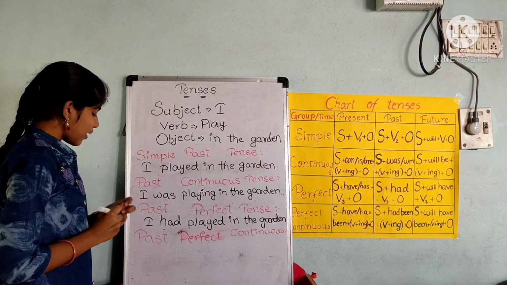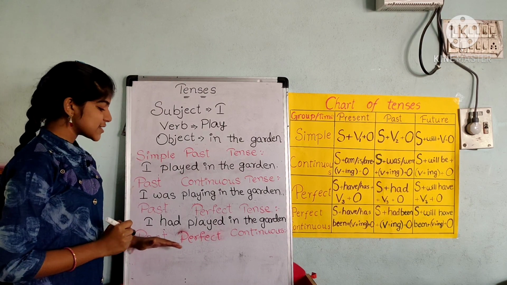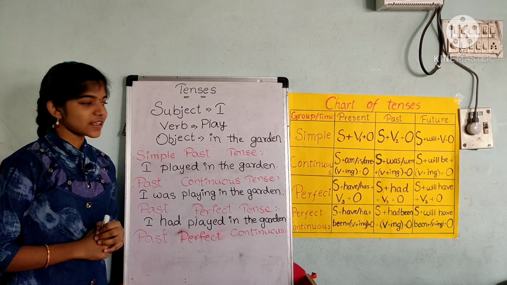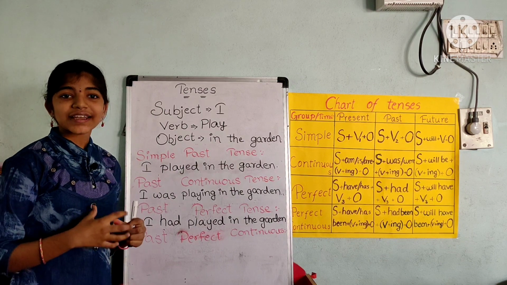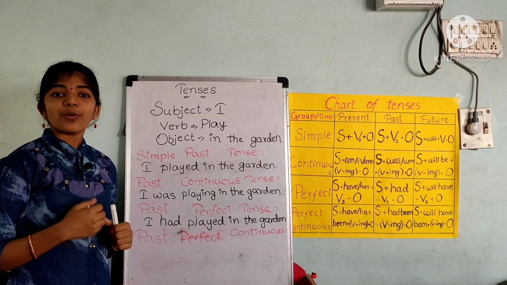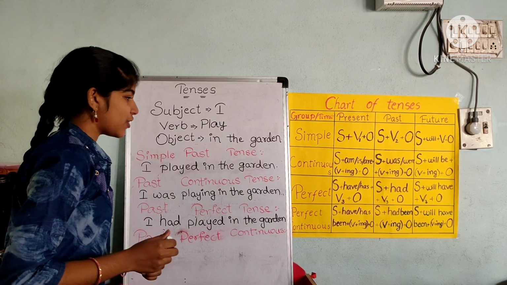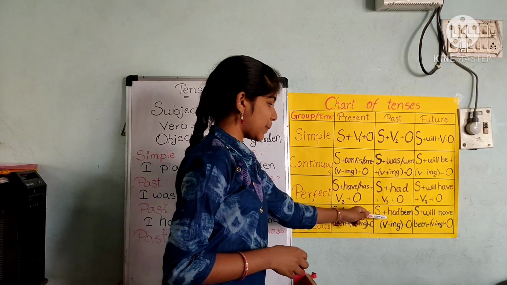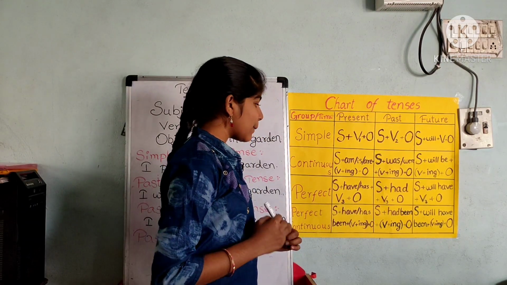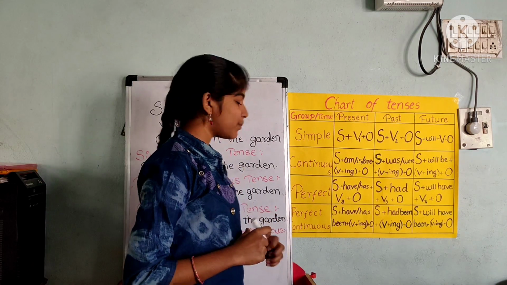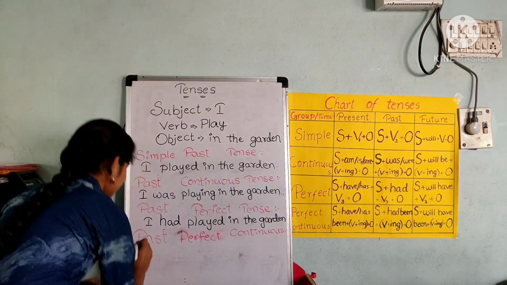And the last tense, past perfect continuous tense, which means an action that had been happening before another action. Formula for this is subject plus had been plus verb plus ing form plus object. Let's write the sentence.